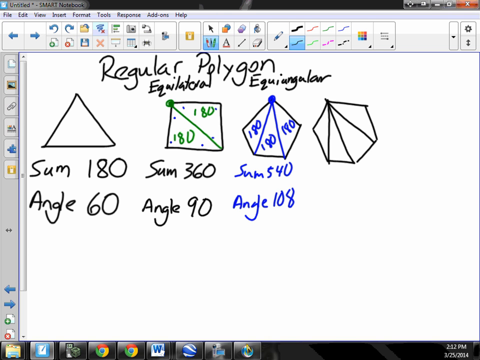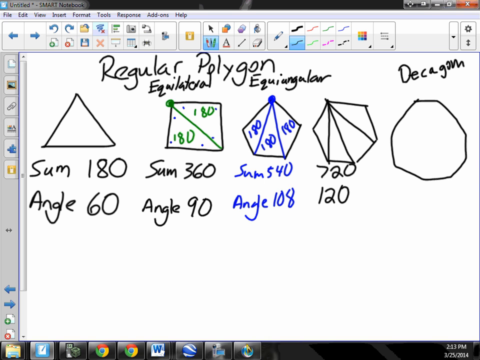What is it? 720, and I'm going to divide that by 6, which is 120. Okay. What about a decagon? So 1, 2, 3, 4, 5, 6, 7, 8, 9, 10.